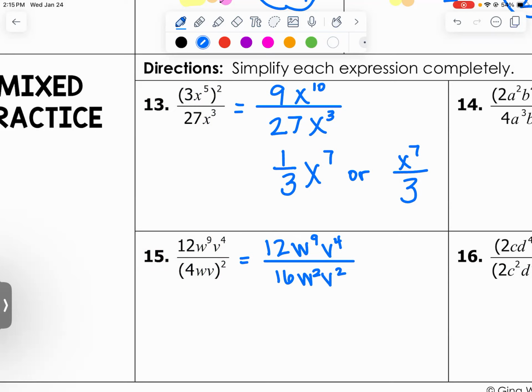So it's pretty consistent around the room that 12 divided by 16 gives us 3/4. Do you have a question? Yeah, can you put x on top when the numerator is 1? You can put the x on top no matter what. So I'll show you. Okay. This becomes w to the 7th and v to the 2nd, right?